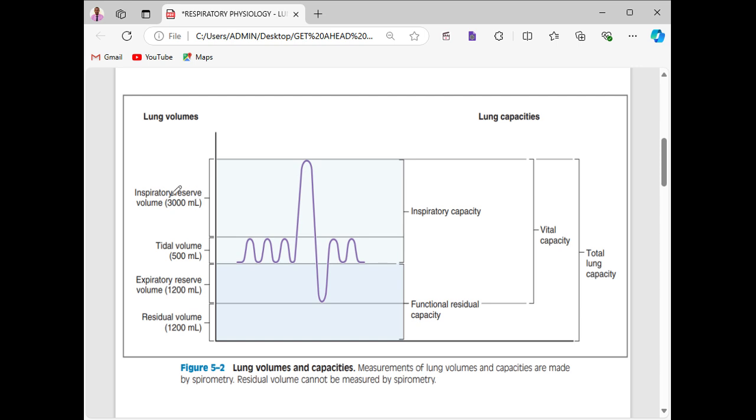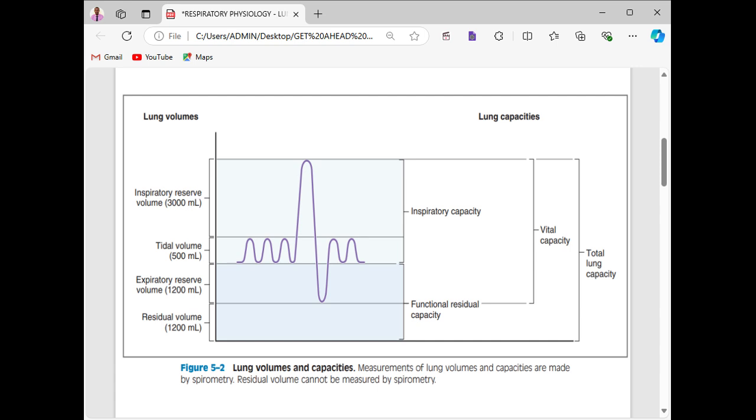And then we have inspiratory reserve volume. This is defined as the air inspired with a maximum inspiratory effort, and it is usually 3,000 milliliters.